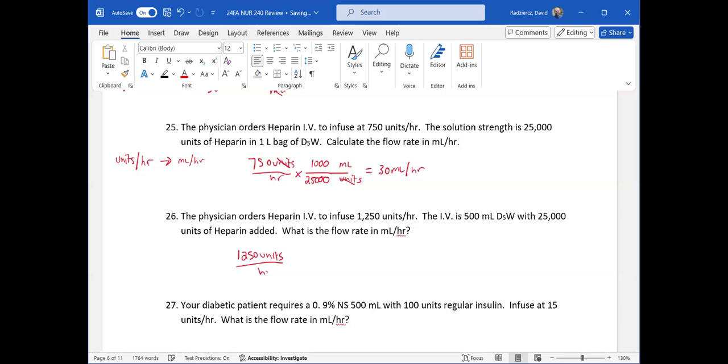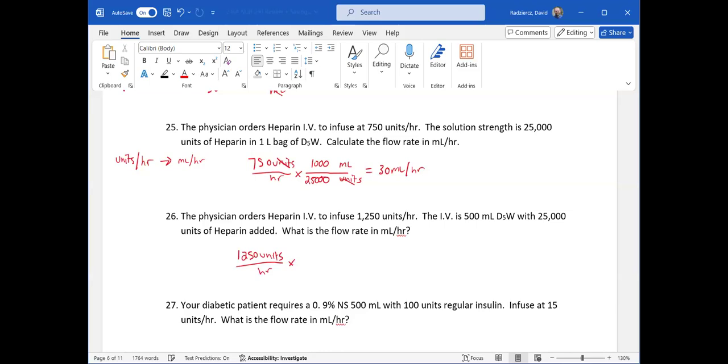I just always go from one rate to the other rate. It's kind of like in your car, you can go miles per hour, or you can even switch it to kilometers per hour. If you were driving into Canada, you might need to switch to kilometers per hour, and you're just making that conversion.